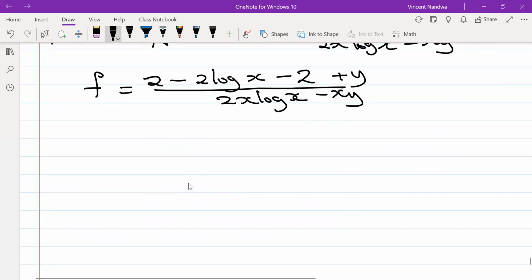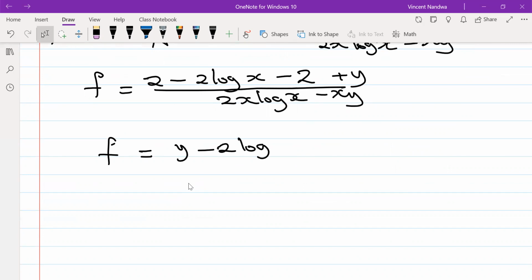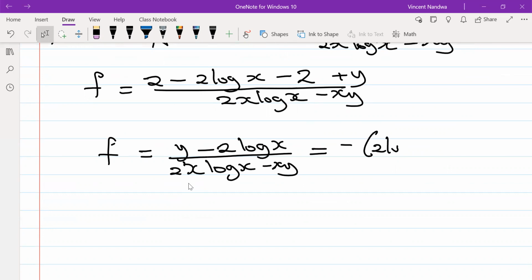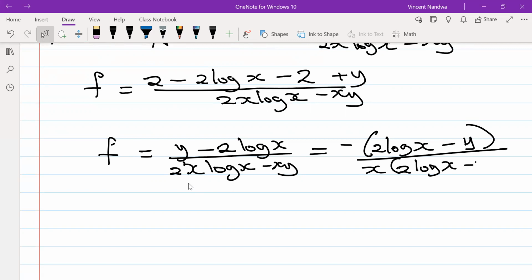Now, f will be 2 minus 2 is 0. So I'll have y minus 2 log x divided by 2x log of x minus xy, which can be written as minus 2 log x minus y divided by, factor out x, into 2 log x minus y.